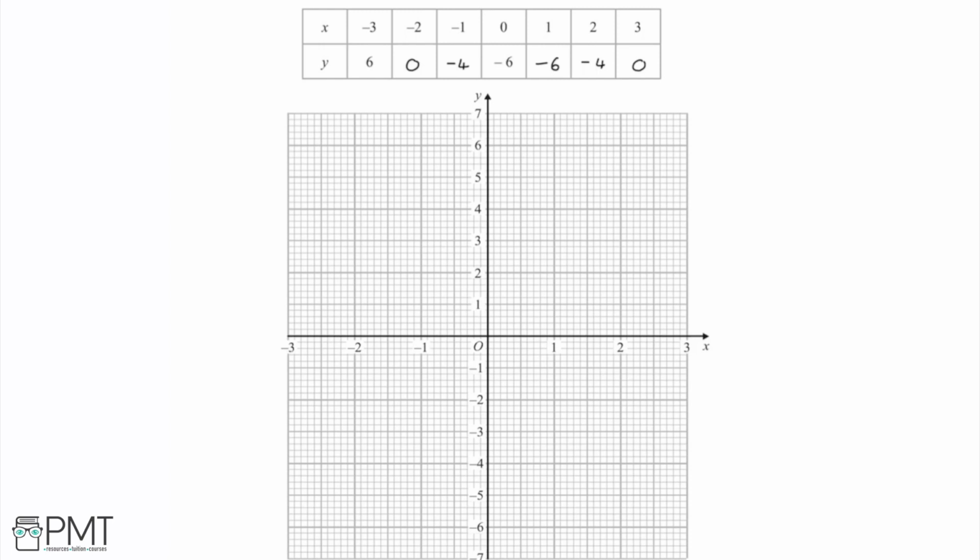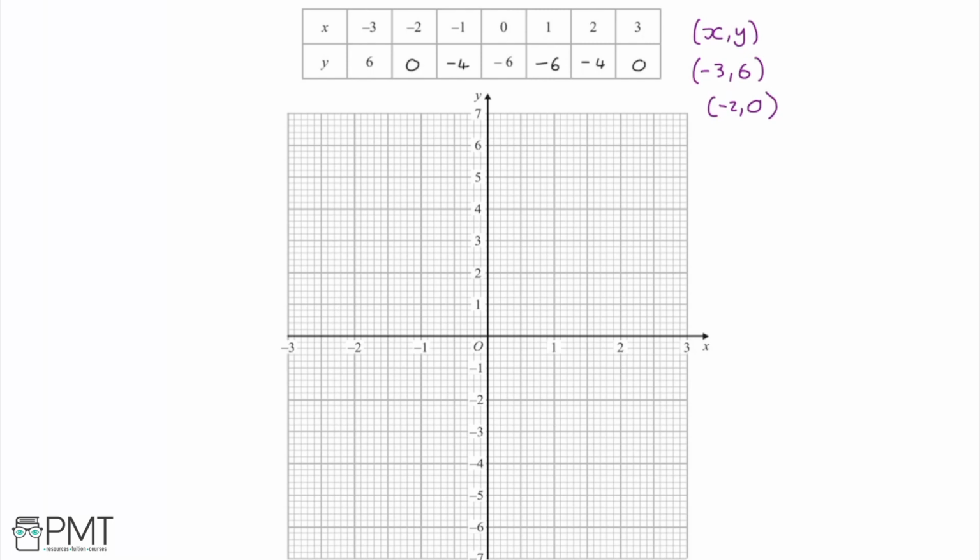So for coordinates (x, y), points on this graph include (-3, 6), (-2, 0), (-1, -4), (0, -6), and so on. We can plot these points and then draw a smooth curve through all of them.